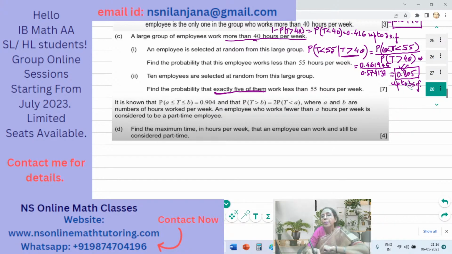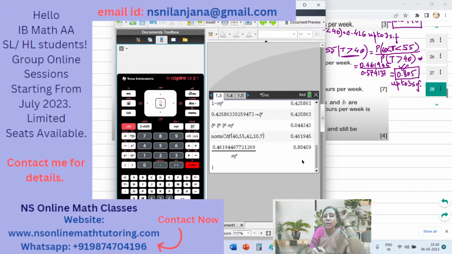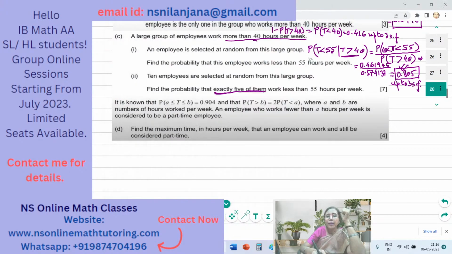Okay. So the probability of success, I'll not be taking up to 3 significant figures. Up to 3 significant figures, it is 0.805, but I'll be taking 0.80459. I'll be taking all of the digits. Always you take more digits for the intermediate calculation. Only for the final answer do you write it up to 3 significant figures. Okay. So this is the probability of success. So, exactly 5 of them.